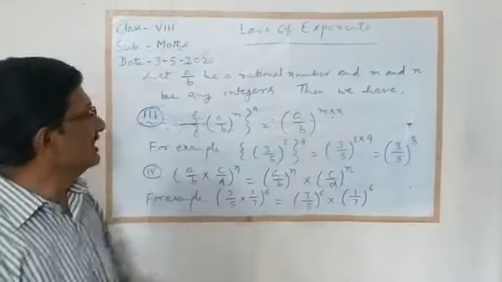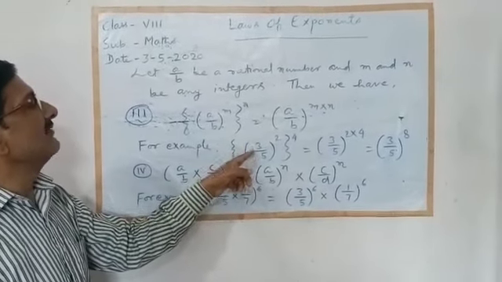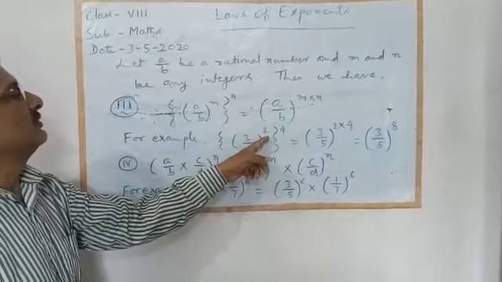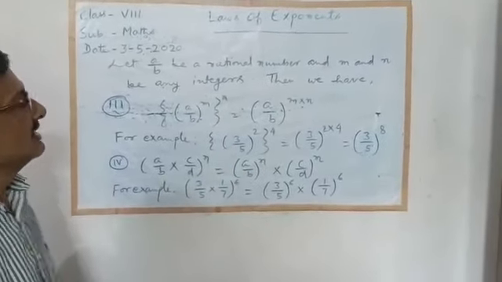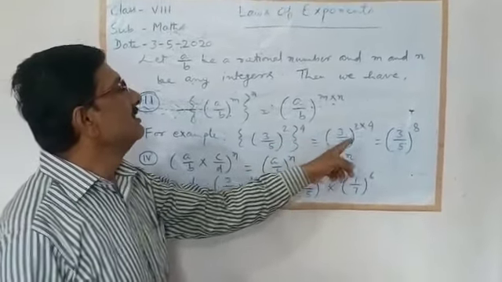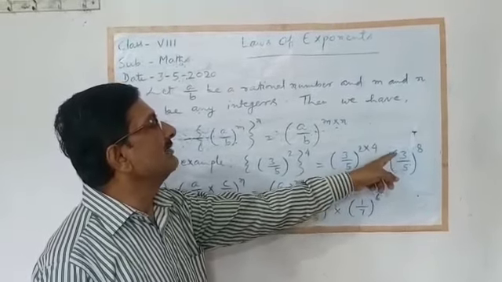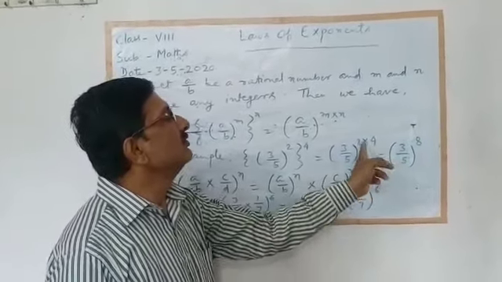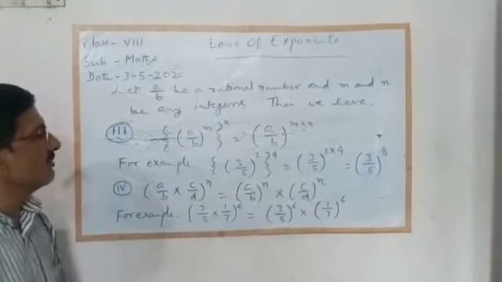For example, we have taken (3/5)^2 and whole to the power 4. So that will give you the result (3/5)^(2×4), that will be equal to (3/5)^8, since 2 times 4 is 8. So in this way we can solve the problem.